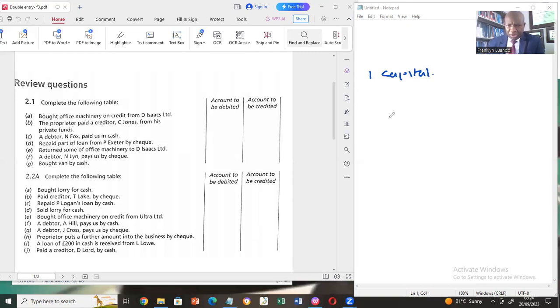Number two, we have assets. Assets are resources that are owned by the business. We have two types of assets. We have the current assets and non-current assets.